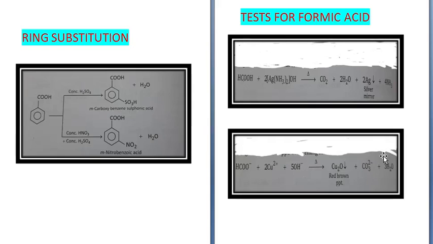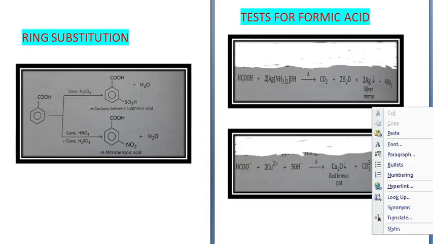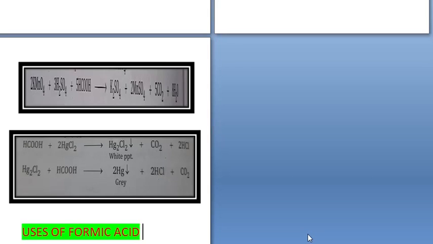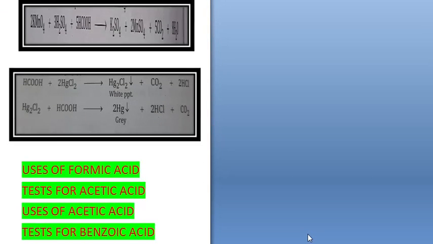Next test of formic acid is when formic acid is treated with KMnO4. KMnO4 solution is pink in color. So formic acid decolorizes KMnO4.